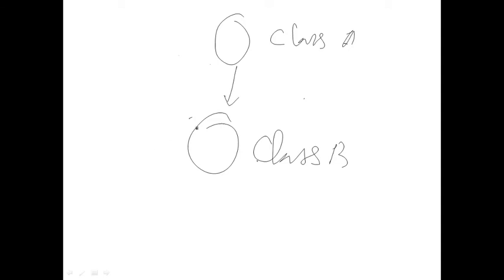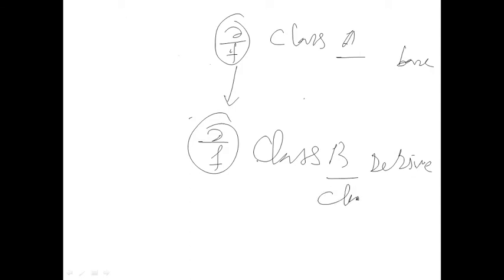Suppose this is a class A, we can create another class B, and this B class is inherited from the class A. So here I will say this is the base class and this is the derived class, or this is the parent class and this is the child class.